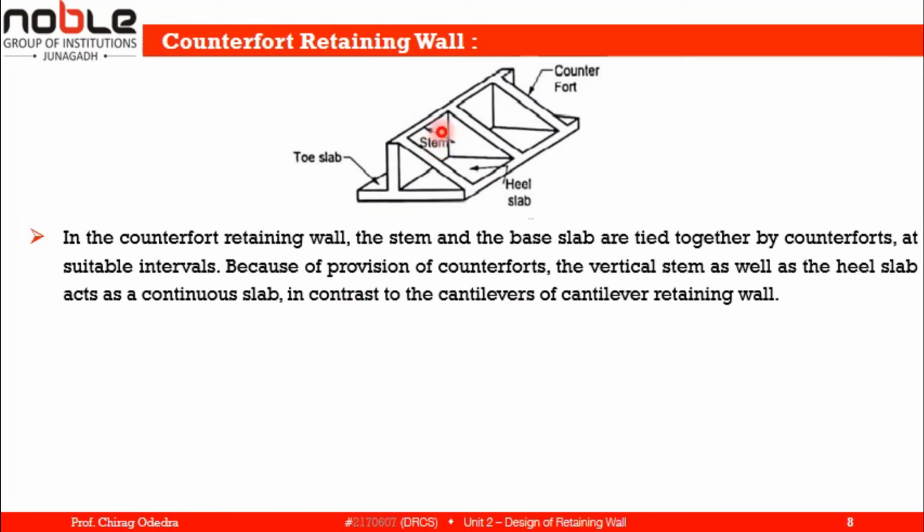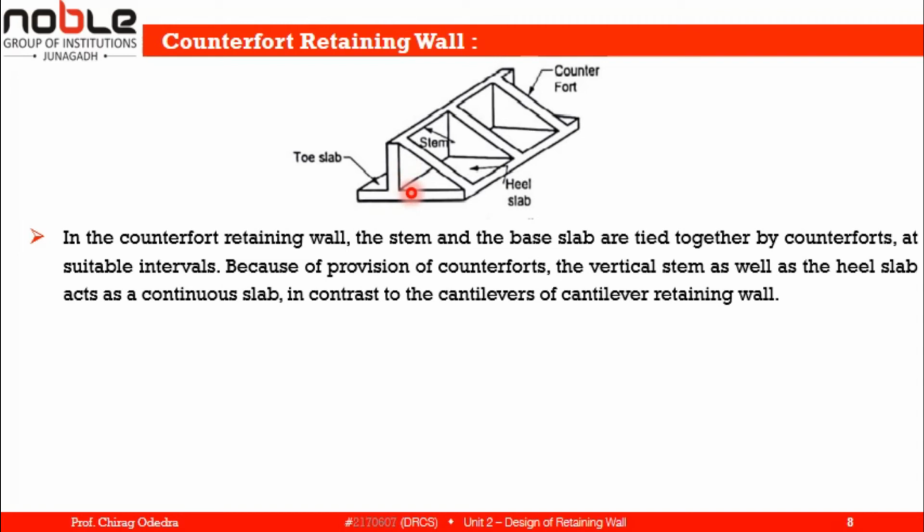Here, this stem and this heel slab are tied together by this counterfort. This is called a counterfort. So this stem and heel slab act as a continuous slab.